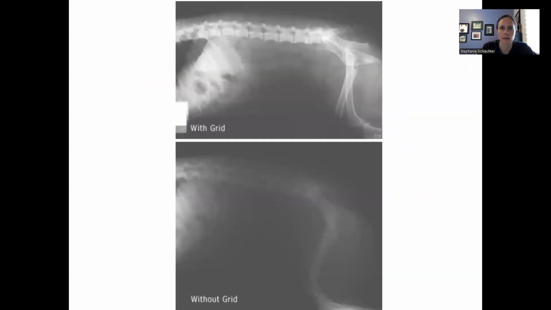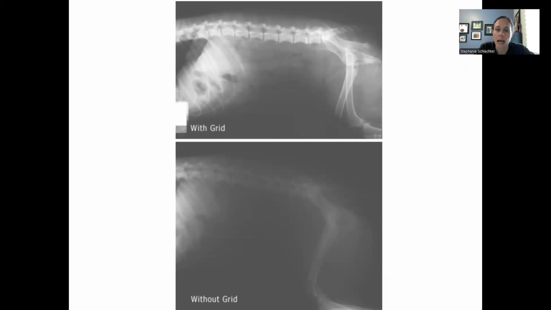All right, let's see. So here's an example of taking a radiograph with a grid and without a grid. So that top one's with a grid. You can see it's still not a great radiograph. I will give you that, right? It's a little underexposed, because it's overall really light. But if you take that grid out, you see it's darker, but it's overall more gray.